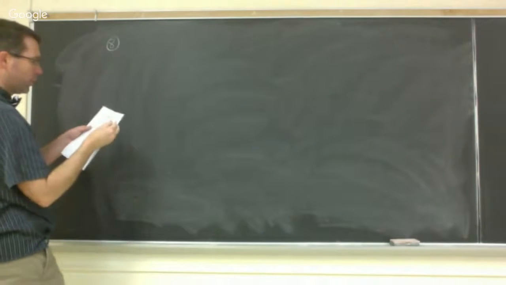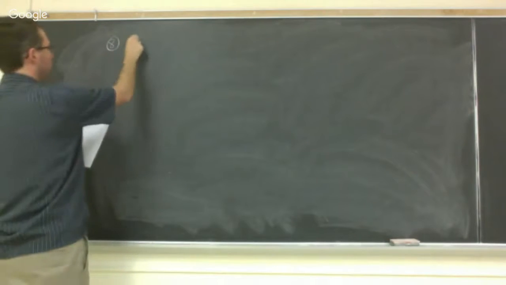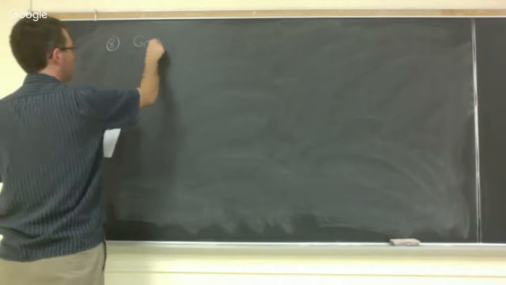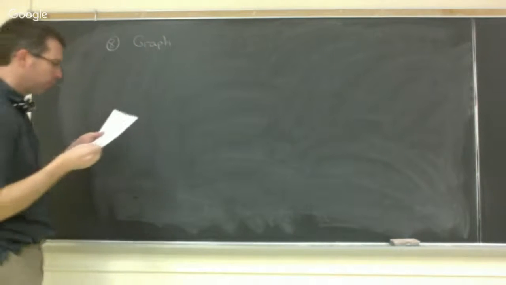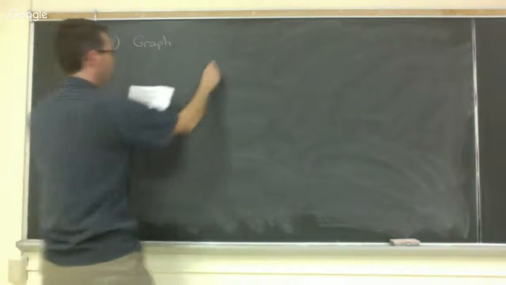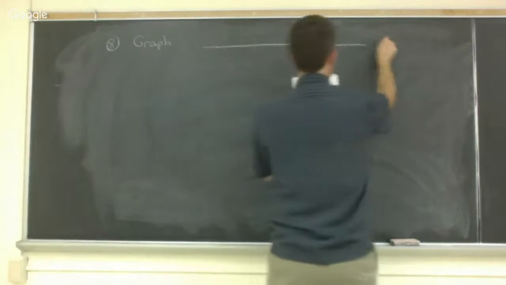So question 8 is looking for creating a graph. And we're given a bunch of information. Let's see, we have a sign for f prime.